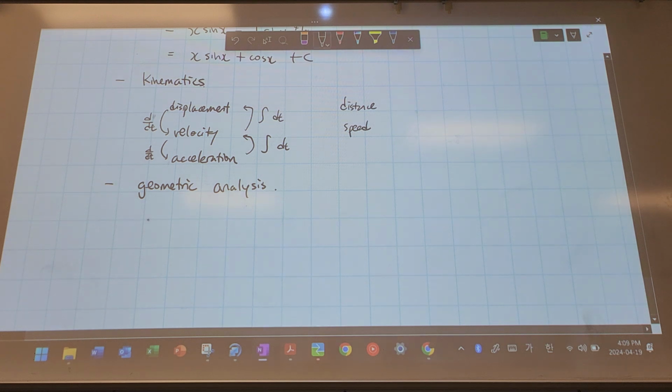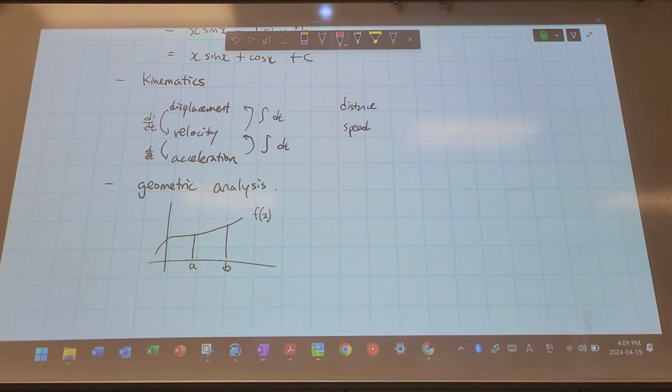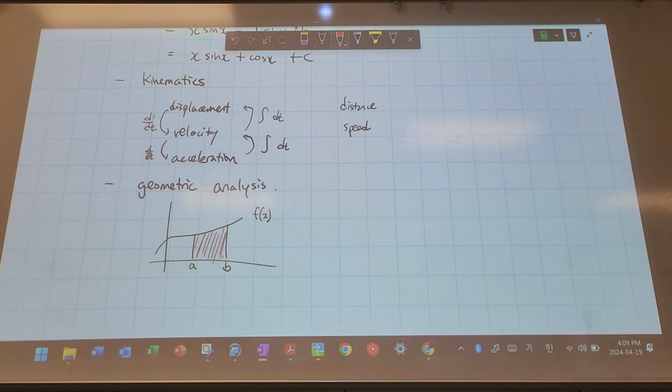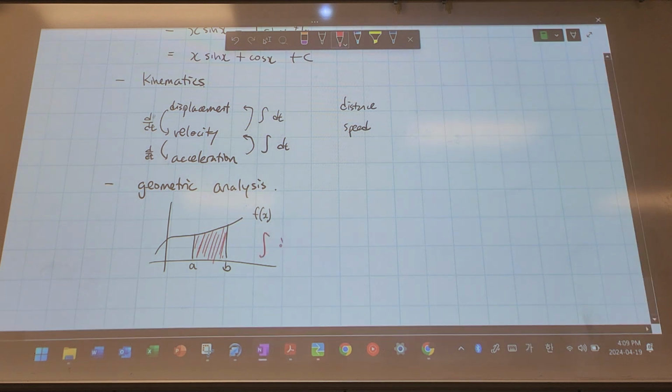The integral is about finding the area. When you have a function like this, with a point A here and a point B here, and you find the integral of f of x, you find the area underneath the curve. So this is the integral of f of x dx from a to b, right?